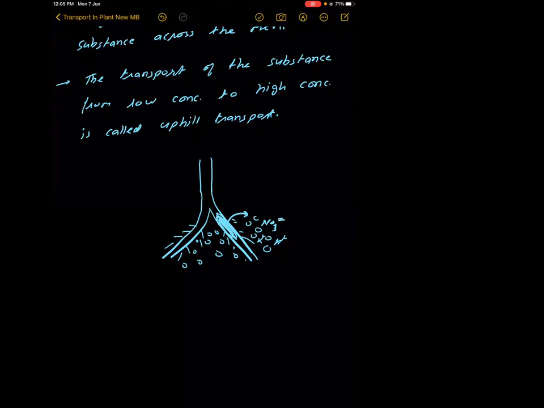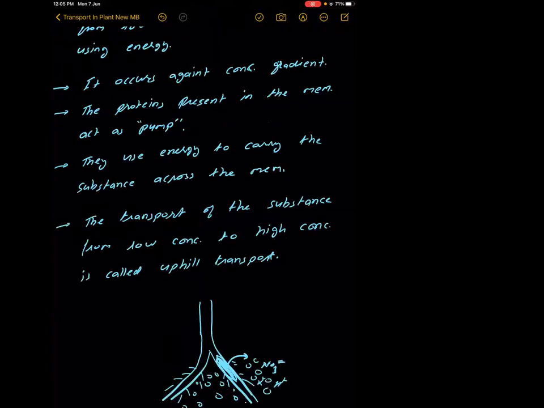According to the definition of diffusion, they should move out from the root, but it doesn't happen.